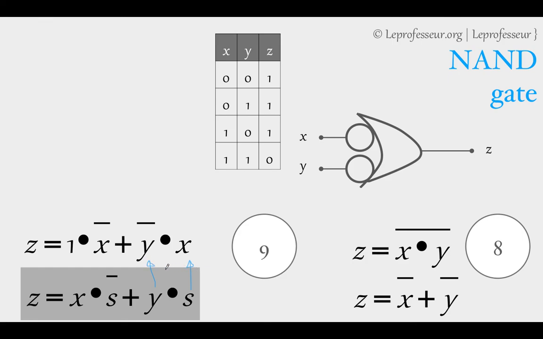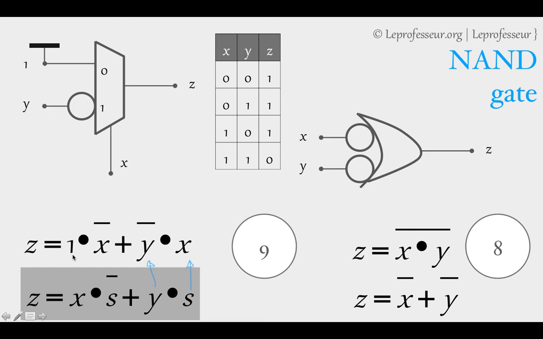That's the trick. That's about it. And the X line connects to the high, and select is connected to X, one of the inputs. Good.